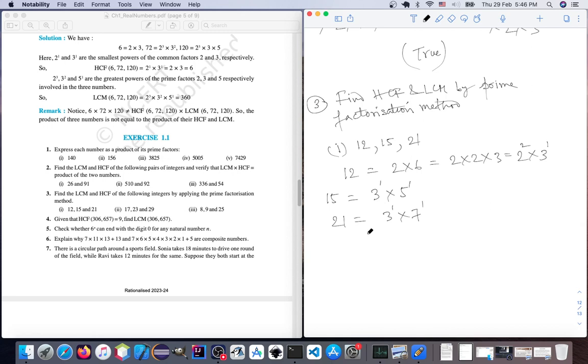So the HCF of 12, 15 and 21 will be, first we write down the common prime factors. The only common prime factor is 3 and the power will be the smallest power, it is 1.